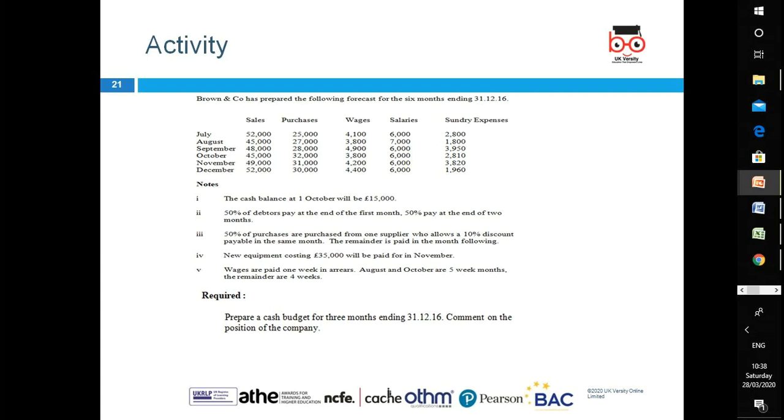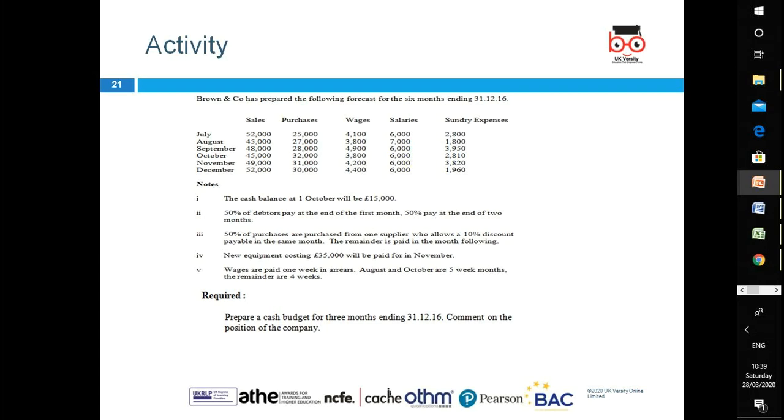Three weeks will be paid in July and 1 week will go to August. In some months we have 5 weeks, so we divide by 5 and multiply by 4. One week's salary will go into the following month because we're keeping it in arrears. Then we have new equipment which we are thinking of buying in November. So we'll see which month we have a negative cash flow and we need to arrange sources of finance for it.